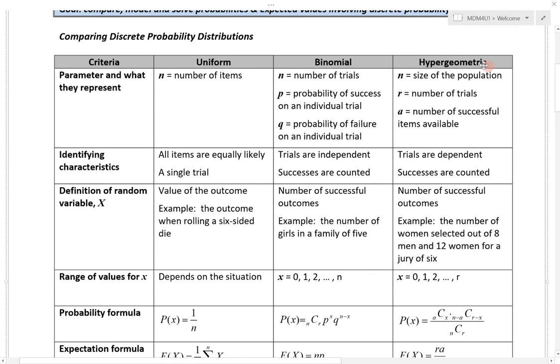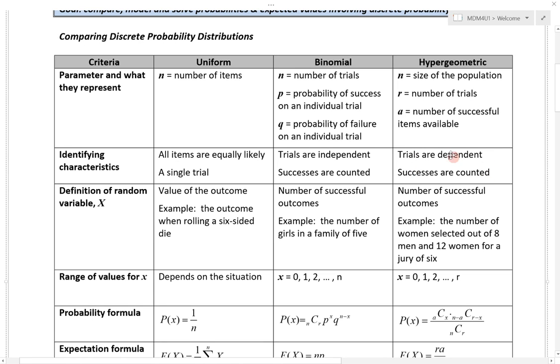For hypergeometric, it's very similar to binomial with one key difference. N is the size of the population, a couple of changes in the variables, and the number of trials. A is the number of successful items that are available. Here's the key difference: trials are dependent rather than independent, and successes are counted.